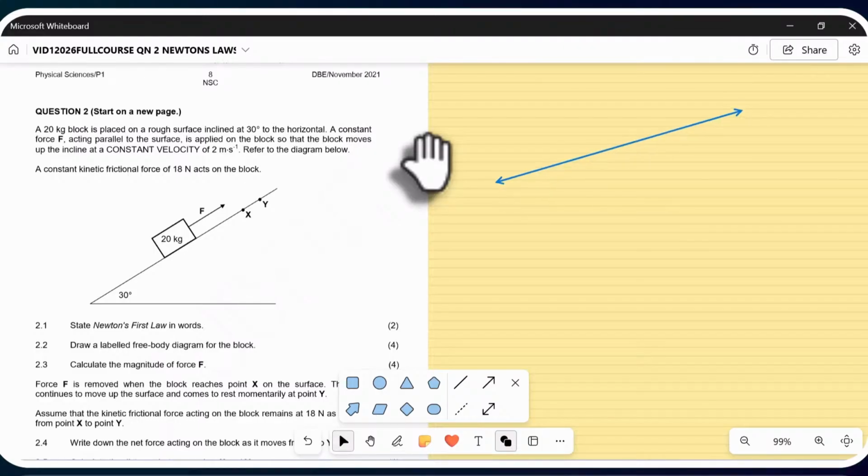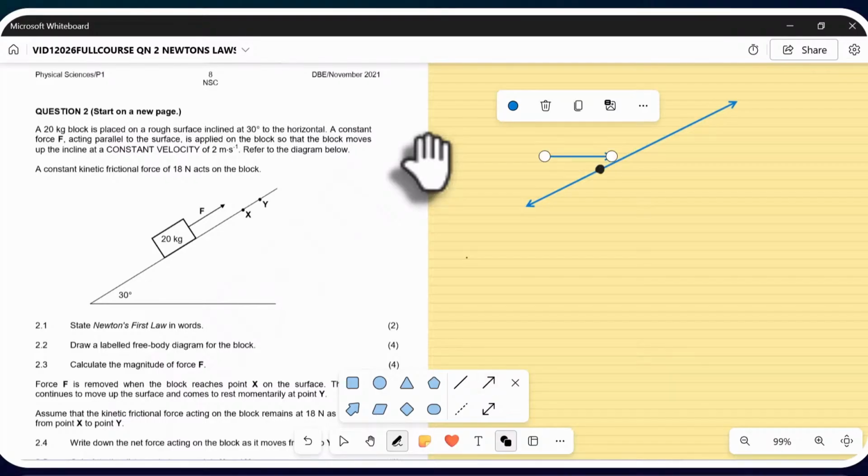So here we have the applied force, the force F, which is pulling upwards. Being on the surface exerts a normal force. The normal force must be perpendicular to the surface, so in this case it will be like this.